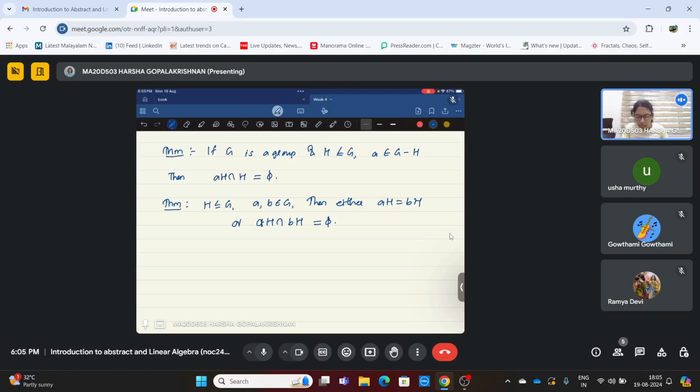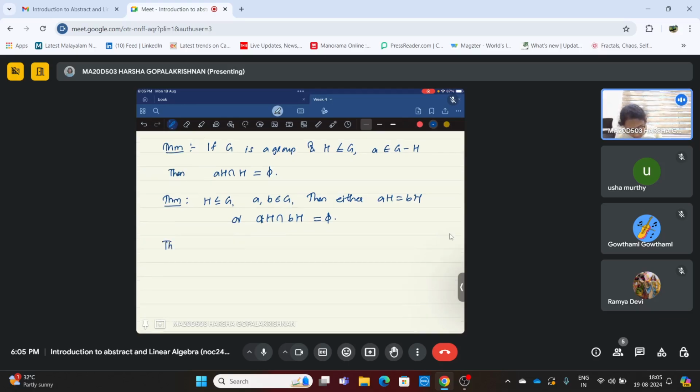Now, the next theorem is important in the sense of finding whether two cosets are the same or not. If I have aH and bH, either they are the same or the intersection is empty. The next theorem is used to see whether they are the same or not.